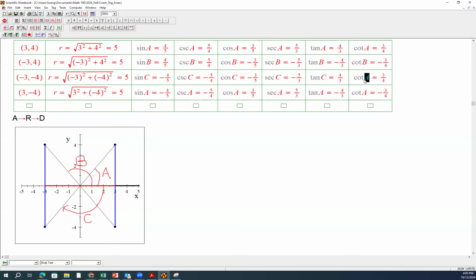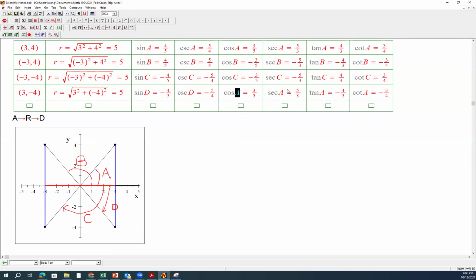And last but not least, the angle that terminates in the fourth quadrant over here, I'm going to call it D. This time I'm going to use a capital D. So by this time, they're all D. If that helps.